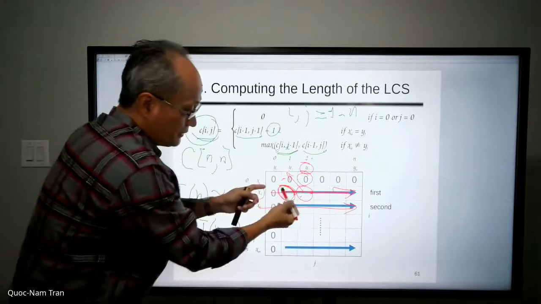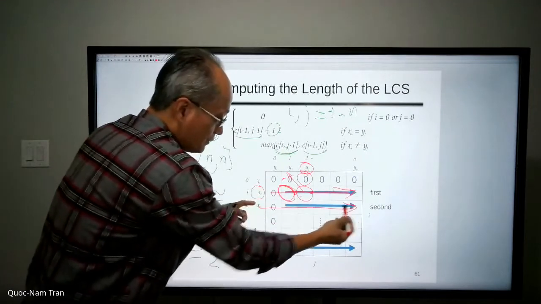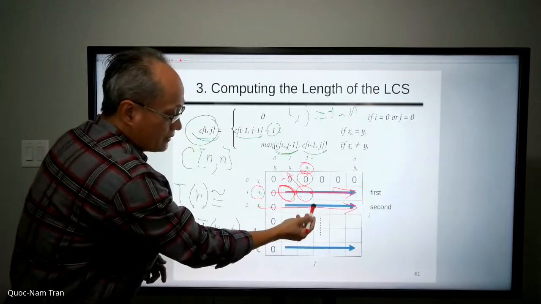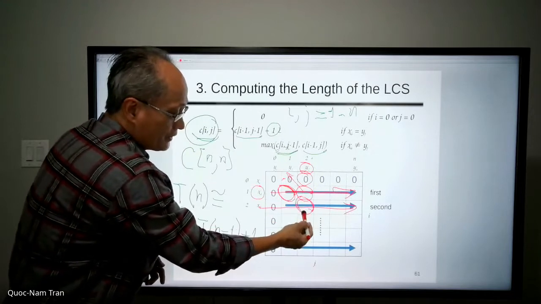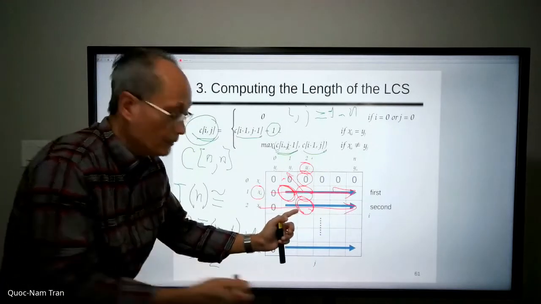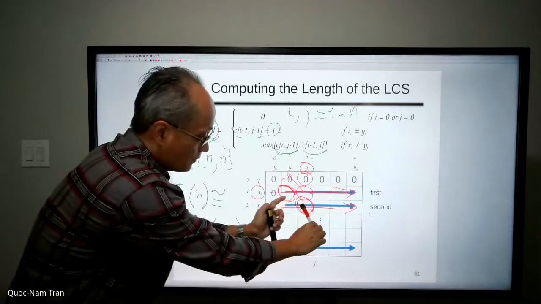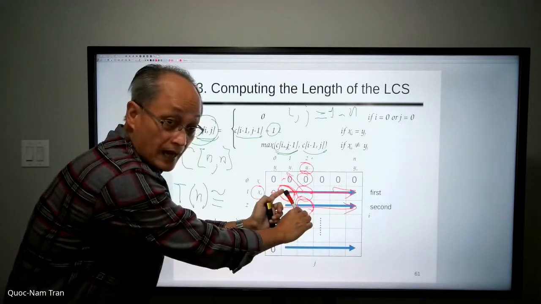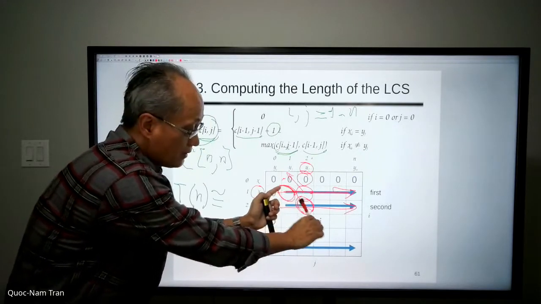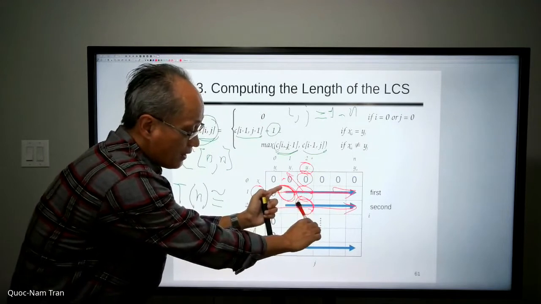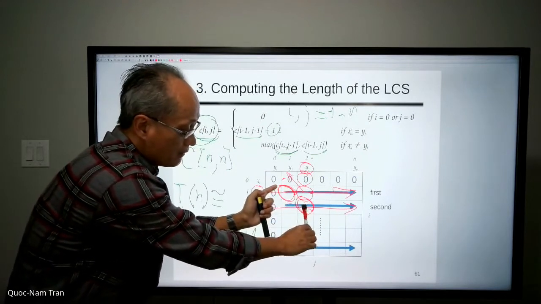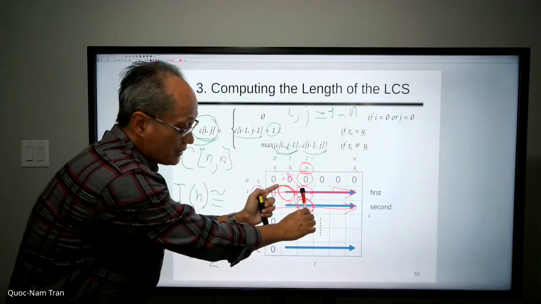So we fill up this row and then fill up each row. And whenever we try to fill up this value, remember that we only use the values here of i minus 1, j minus 1, or i, j minus 1, or i minus 1, j, right?